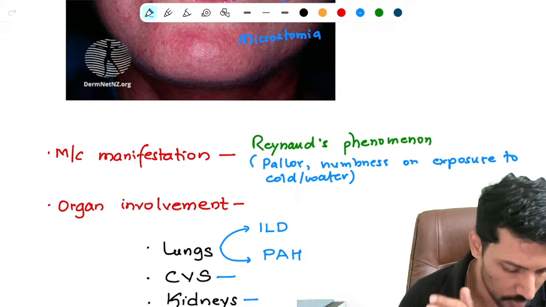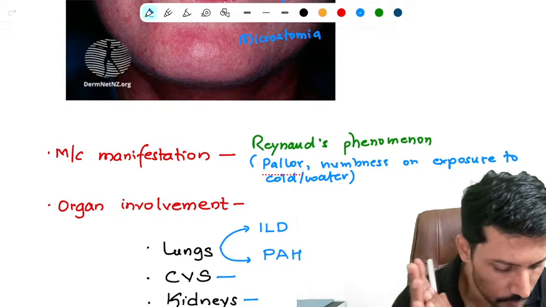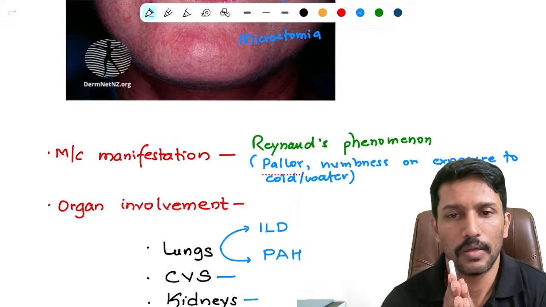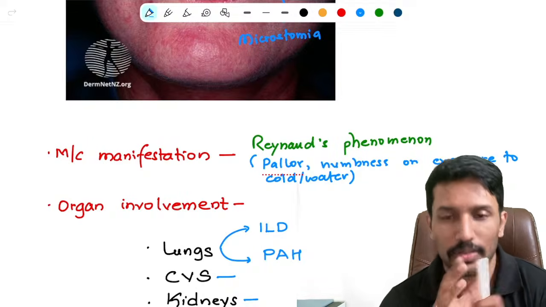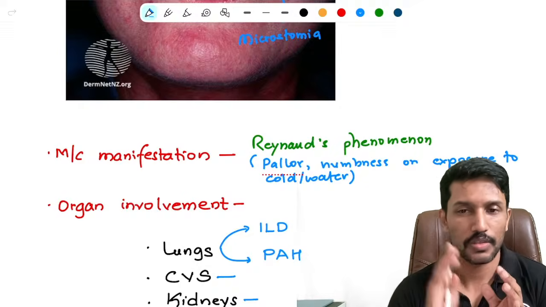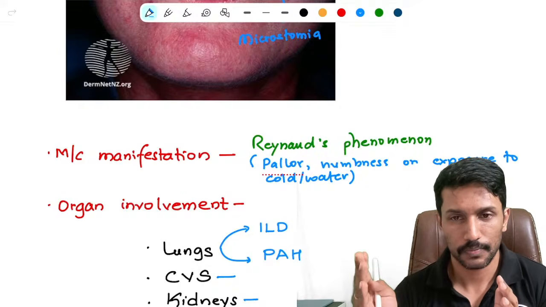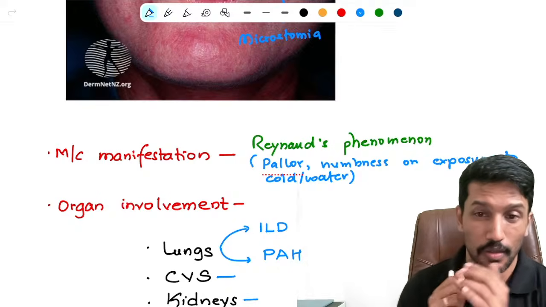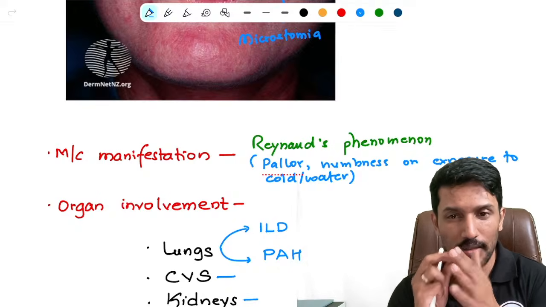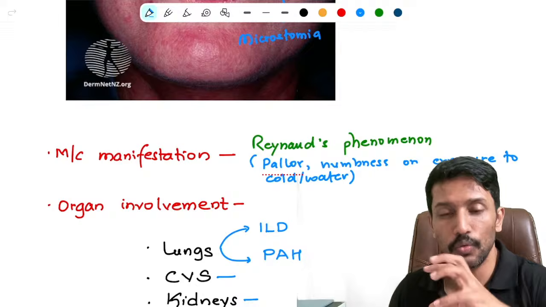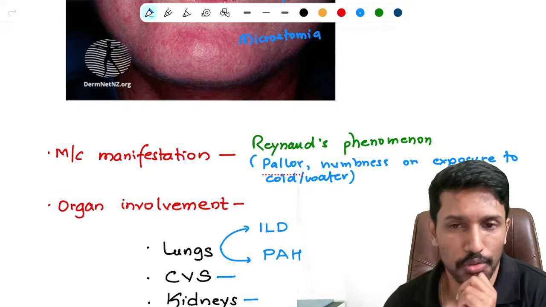Of course, cold water only. Why is this happening? Because as I've already told you, systemic sclerosis is equal to vasculitis plus organ fibrosis. So vasculitis of small blood vessels makes the blood vessel sensitive to the vasoconstriction on exposure to cold.